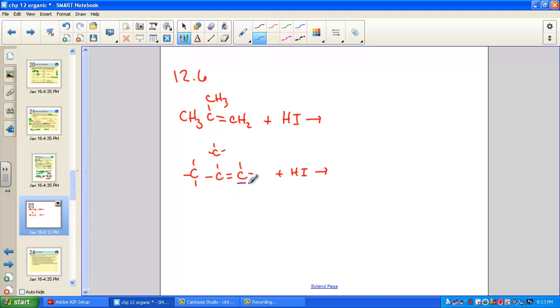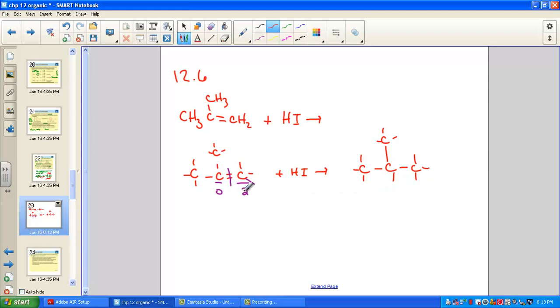Here is the carbon at the terminal end with 2 hydrogens. Here's a carbon with absolutely no hydrogens. If we break this double bond, the hydrogen will attach to the carbon with more hydrogen. So what will the resulting compound look like? Well, here's our CH3, C, the methyl group up high.